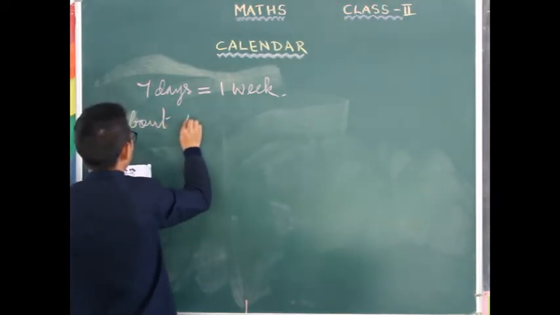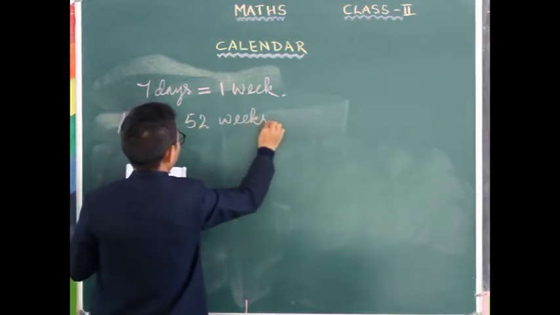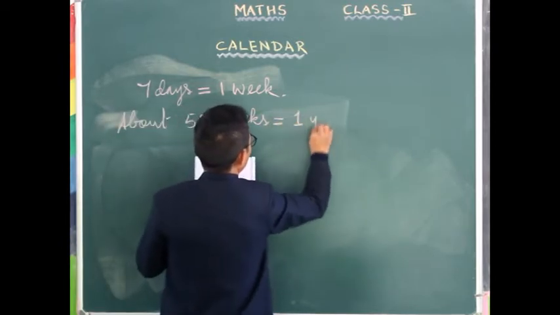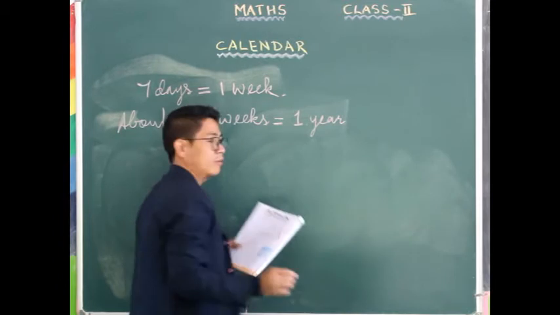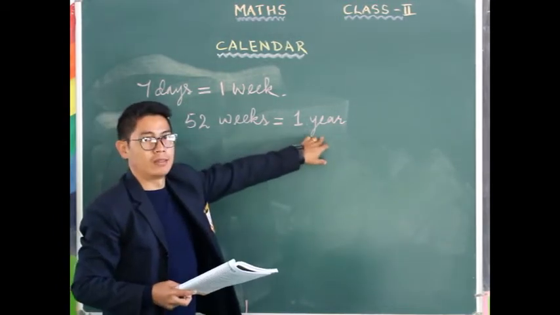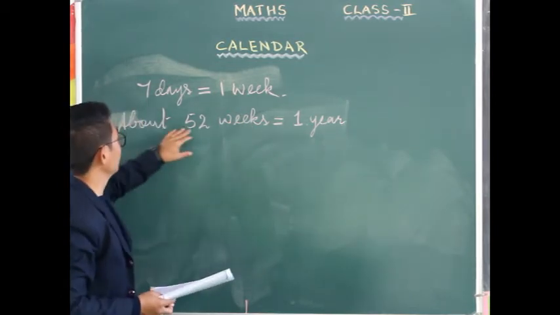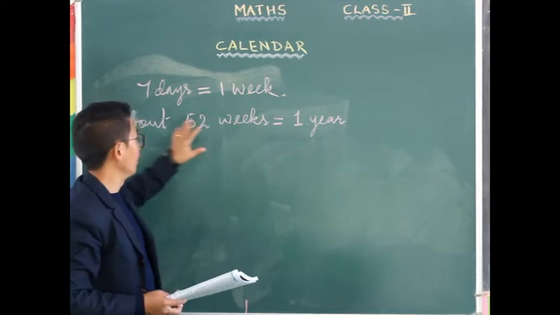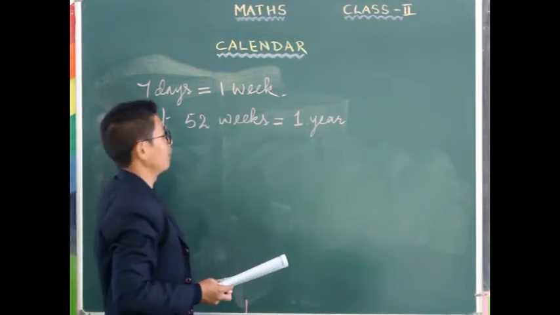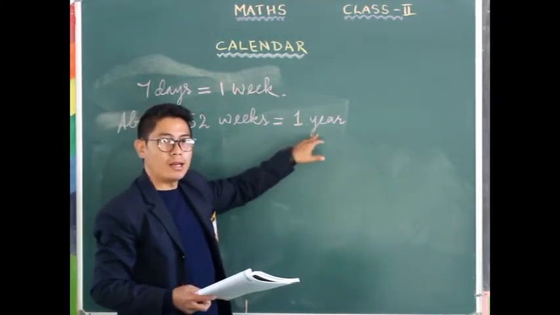Next is about 52 weeks. 52 weeks equals 1 year. Now if somebody asks you how many weeks are there in a year, you can't say exactly 52 weeks. You can say about 52 weeks are there in 1 year.